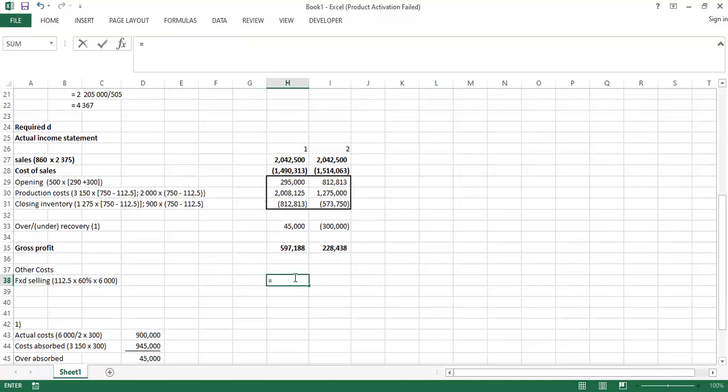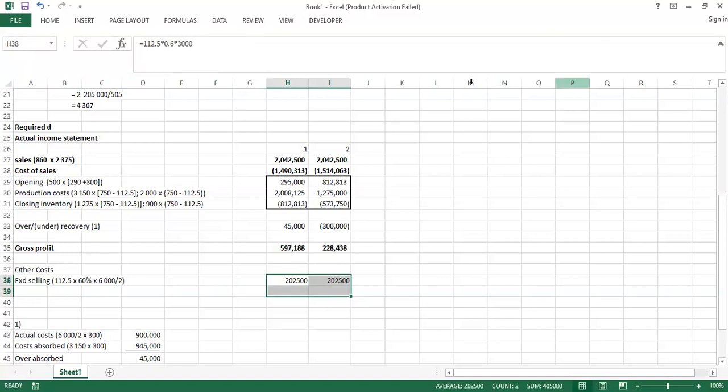So 112.5 times 0.6, and then we're multiplying that by 6,000. But then again, because it's half, let's do times 3,000, and then we apply the same there. So let's just make an adjustment there. We need to divide that by 2.